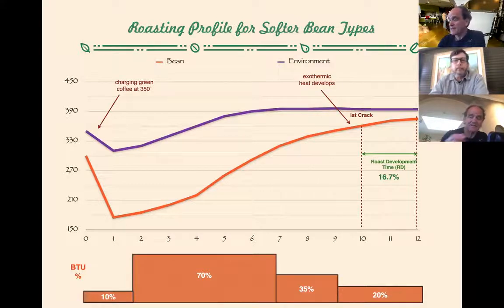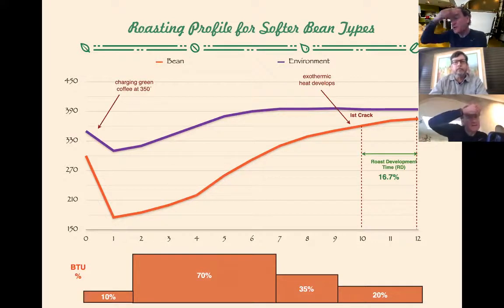Then at the stage where we are really into caramelization, this is where the beans really start browning, we start to gradually reduce the burner to 35%. Then before the onset of the first crack, before the A point, we reduced the burner to 20% to finish this roast. So that was the approach for these softer bean types.